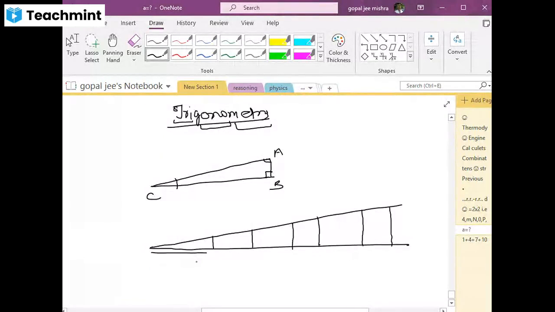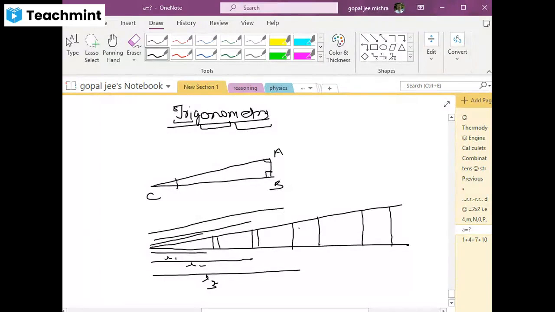If I observe this length, this length, and this length, let this be length L1, this length be L2, this length be L3. You observe that if we increase this length, this is also increased, and this is also increased. Are you observing?